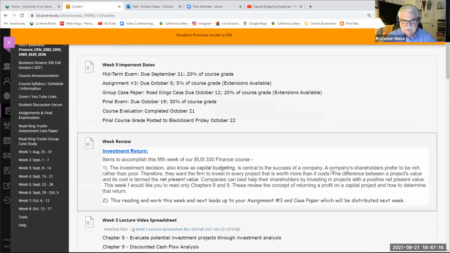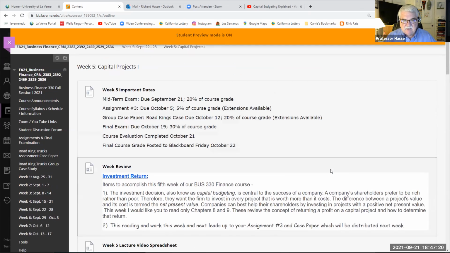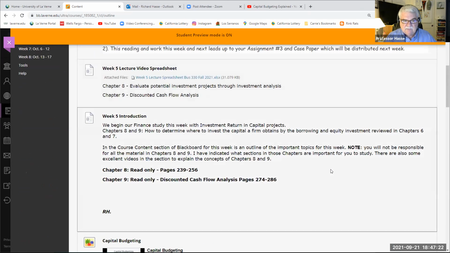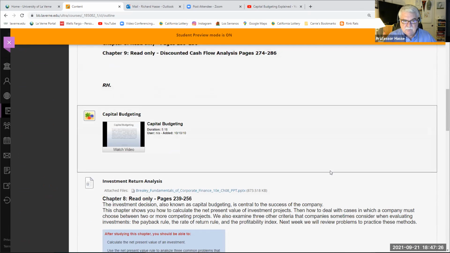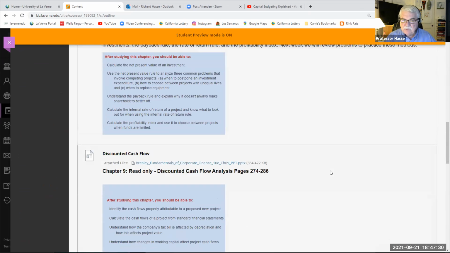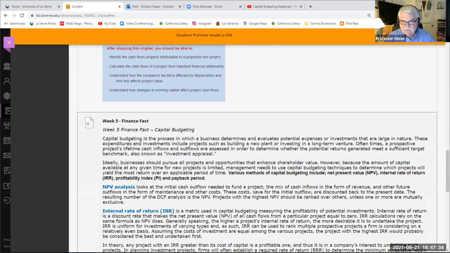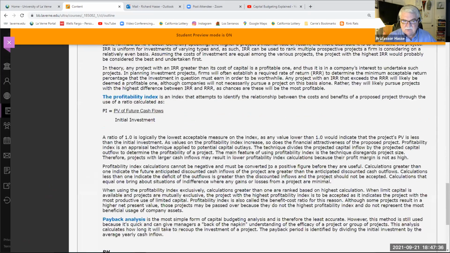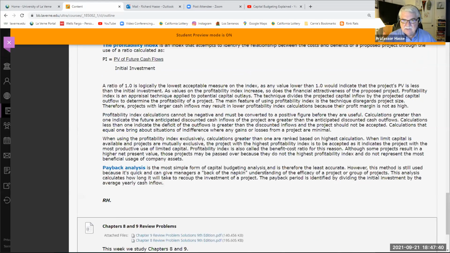Another area I'd like you to spend some time on before our class this week is to make sure you're familiar with capital budgeting. Read some of the notes in week 5, some explanations, the finance fact, which explains the definition of capital budgeting, and then some review problems, which we'll review in class.